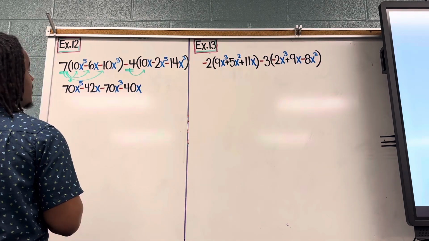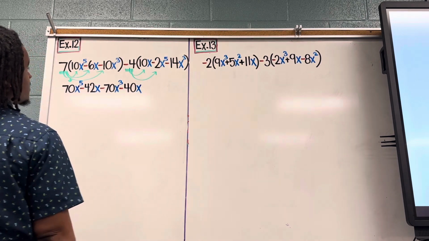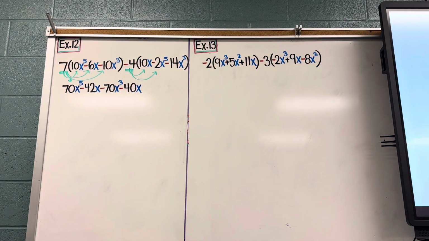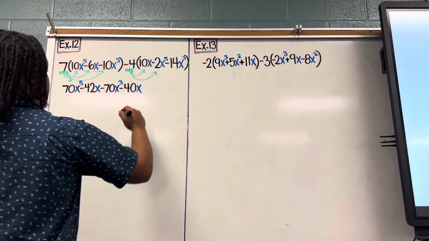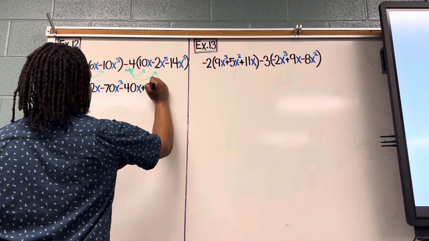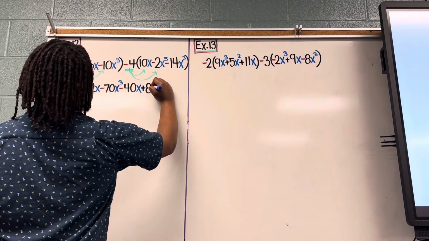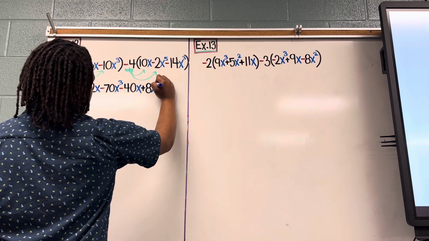Okay, and then next we have -4 times a -2x to the 5th power, which is going to be a positive 8x to the 5th power.